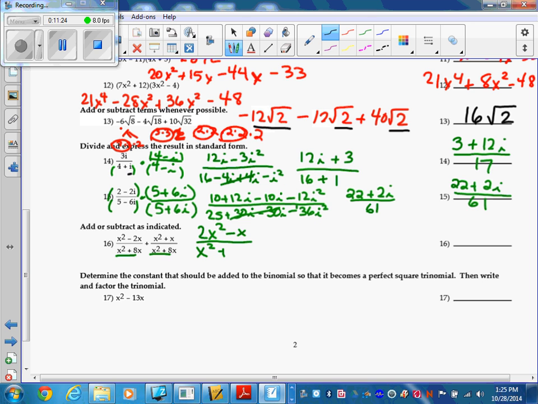Remember, when you add fractions, you don't change the denominator, you leave it the same. But now we need to simplify that. So x times 2x minus 1 over x times x plus 8. The x's cancel, and so my answer is 2x minus 1 over x plus 8.